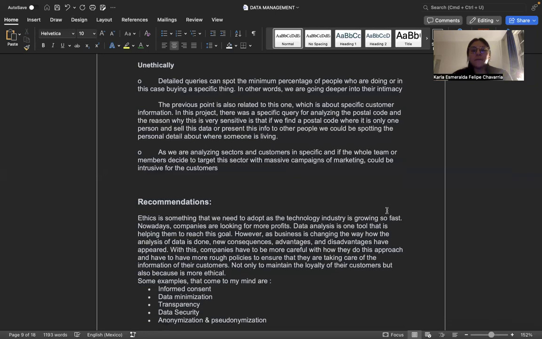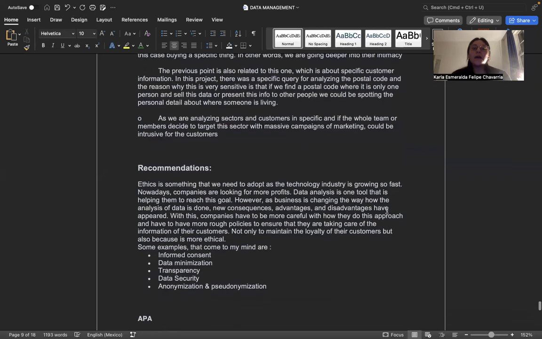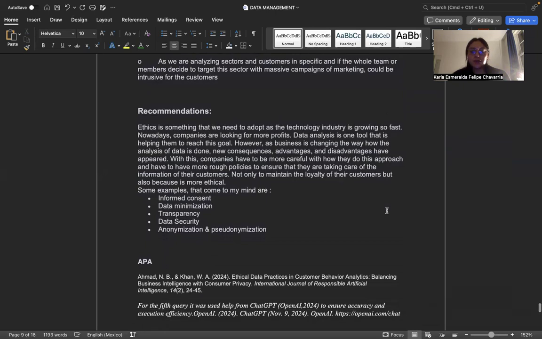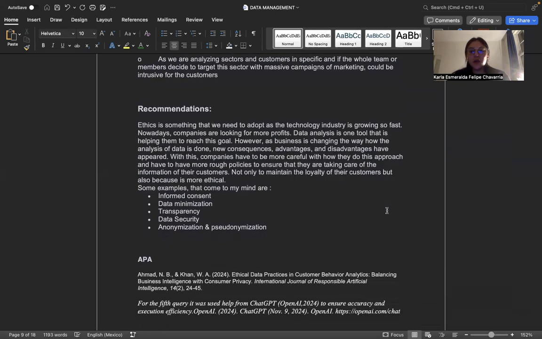And some recommendations that I can see for someone new in data analysis. I really had to look for it because nowadays technology is growing so fast, and we are not talking that much, in life in general and in business, about data security and ethics.